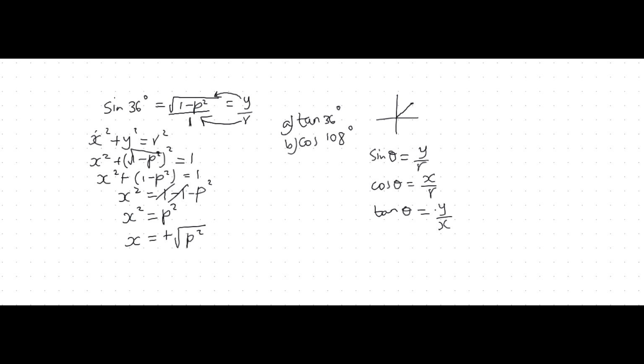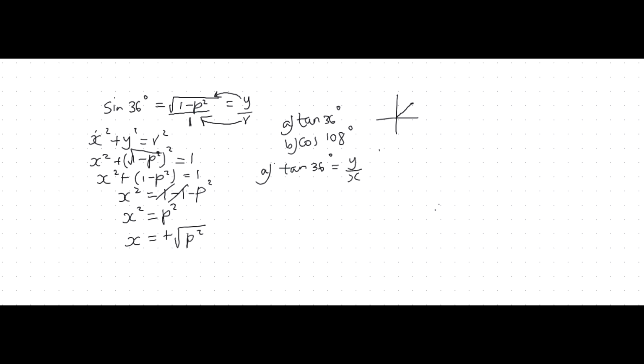Now since we have found the x value, we need to go ahead and solve for tan 36 and cos 108. So tan 36, in this case, would be y over x.